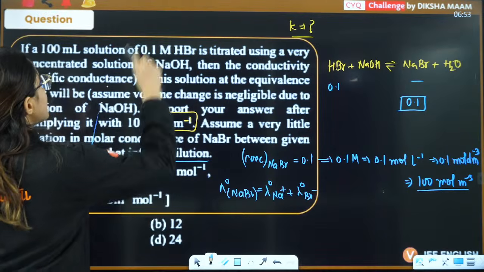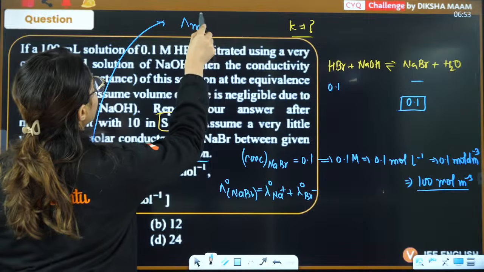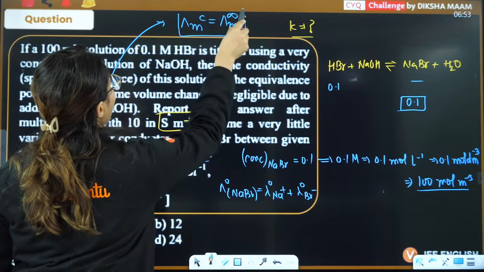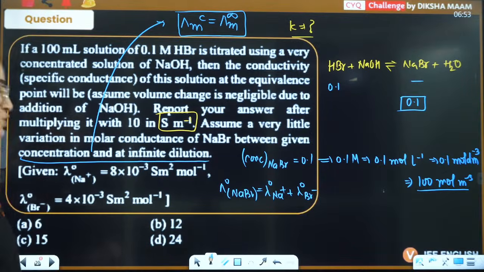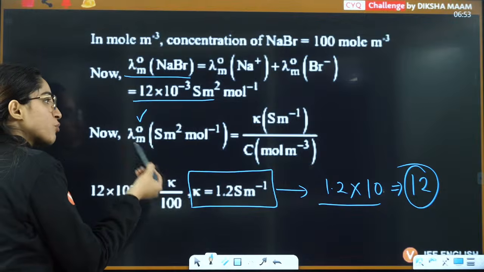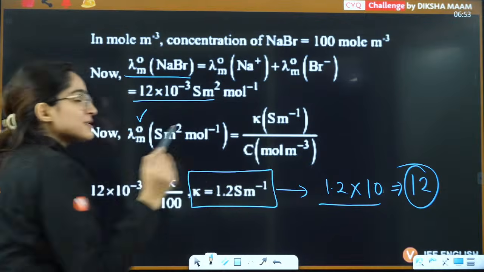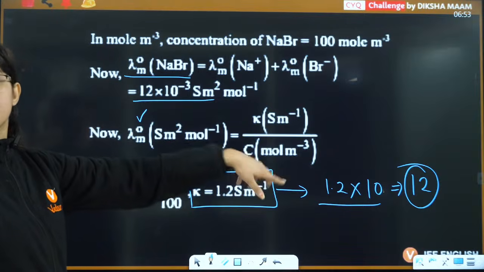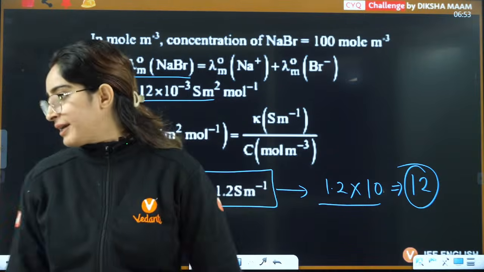That means, especially they are saying that molar conductivity at C is equal to molar conductivity at infinite dilution. So that's why here I have taken infinite dilution molar conductivity equals kappa by C. Why is it not multiplied by 1000? Because things are in meters. So 1000 we will not multiply here.